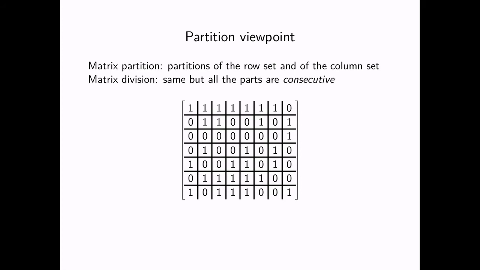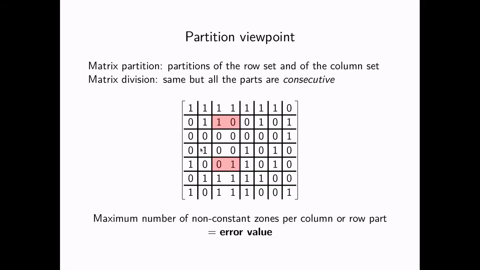Another equivalent viewpoint is to imagine that you have a finest partition on top of your matrix, partitioning the column set and the row set into singletons, and we're merging 2 parts and recording when there is a zone which is no longer constant, putting it in red.